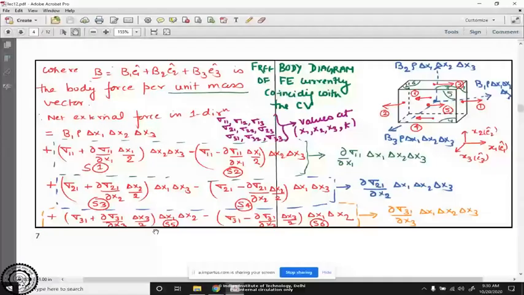So if we represent body force as this vector B1 e1 plus B2 e2 plus B3 e3, where this is, mind you, body force per unit mass. So in fluid mechanics we use body force per unit mass.